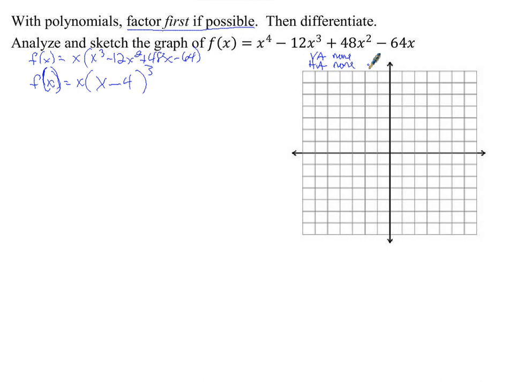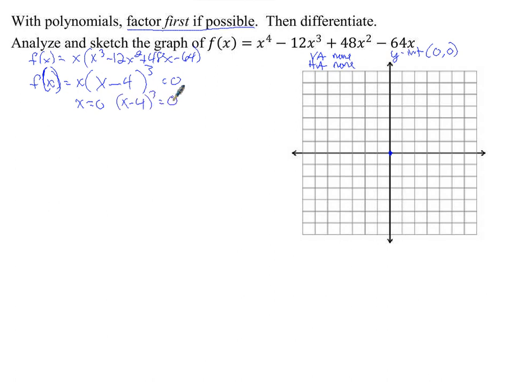Okay, x-intercept would be, y-intercept, okay, 0. So we have 0, 0, right there. X-intercepts. Set this thing equal to 0. Zero product property. We get x equals 0, obviously. And then x minus 4 to the third power equals 0.